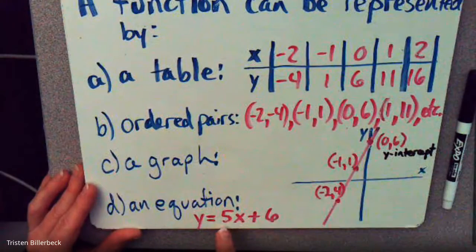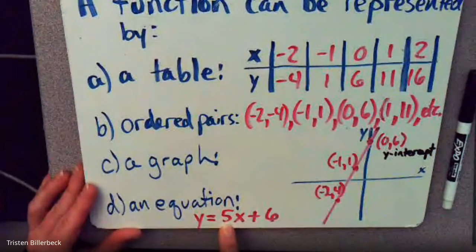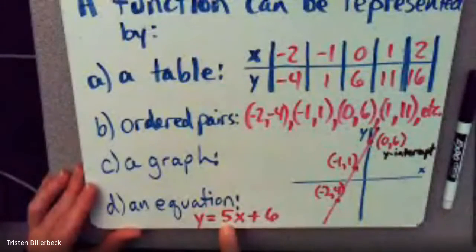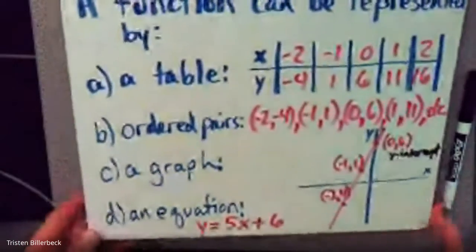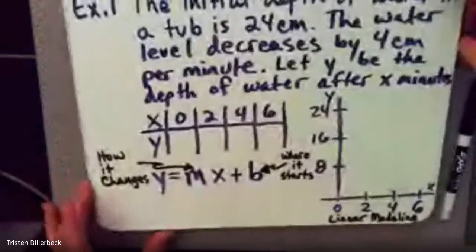So it would be a rise of 5, run of 1, which 5 over 1 is just 5. This is called the slope, the rise and run, but we'll go into that a little more. So functions can be written in tables, coordinates, graphed, or in an equation.